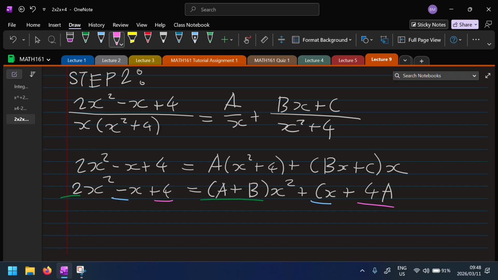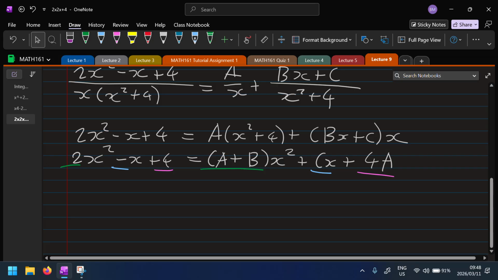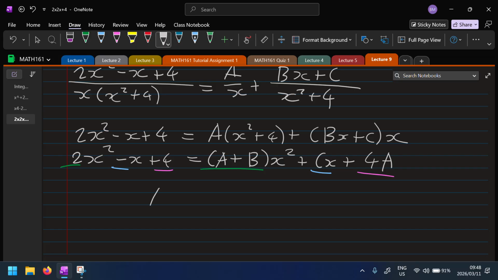So we're going to set up our system, and we'll see it's very easy to solve for a, b, and c. So equation 1, a plus b equals 2. Next equation, we have c equals minus 1. We have our answer already.